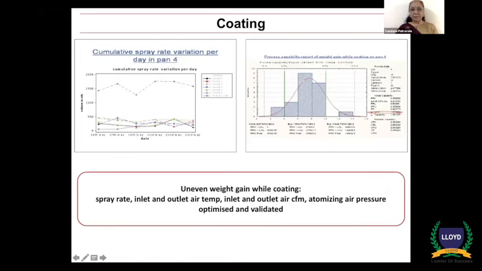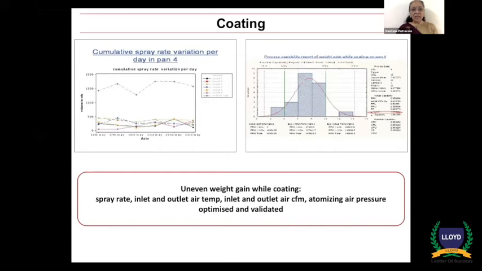Now this slide depicts coating. You can see that most of the batches are uniform except one batch which is going haywire. And even this one batch can totally change the scenario. What if FDA picks up only this batch? Your premises will be locked.